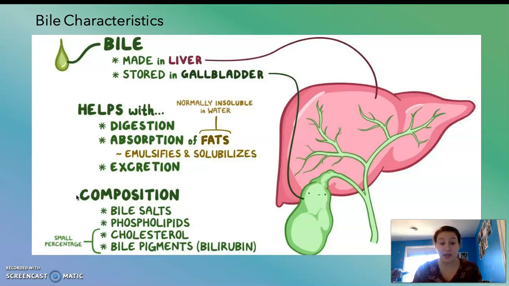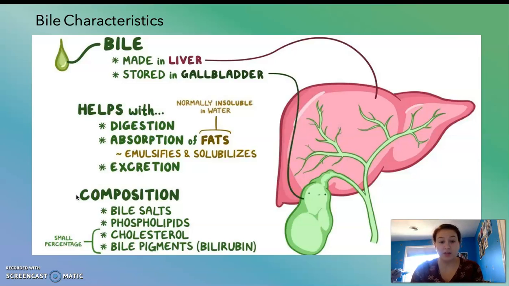Once it reaches the ileum, it is reabsorbed into the bloodstream and transported back to the liver so it can start the process of breaking down more fats. Sometimes the bile salts can reach all the way to the colon, and then colonic bacteria will break down the bile salts into their precursors called bile acids, which are redistributed through the blood back to the liver so we can use them again for fat digestion.